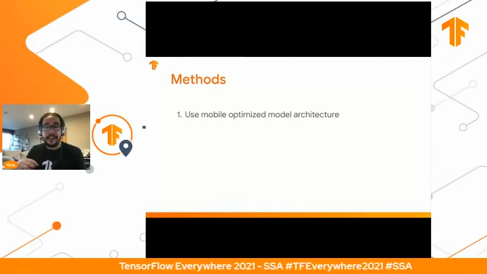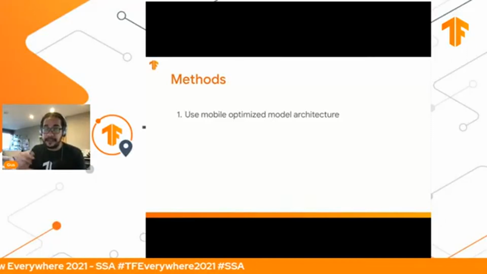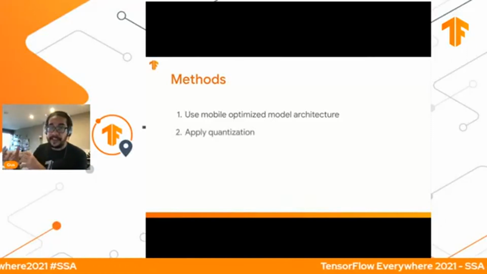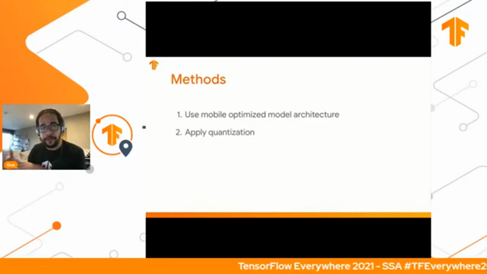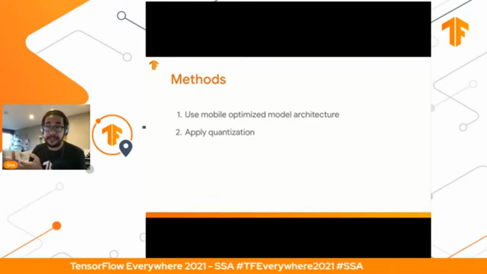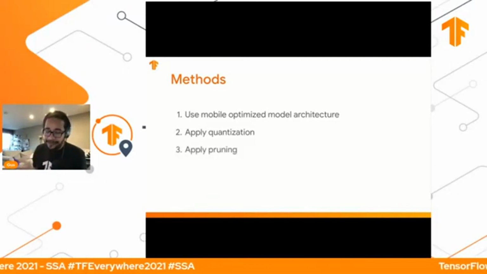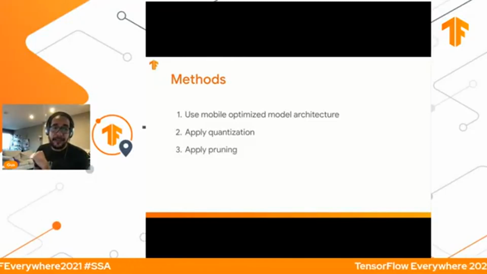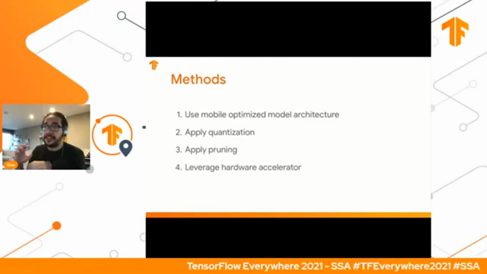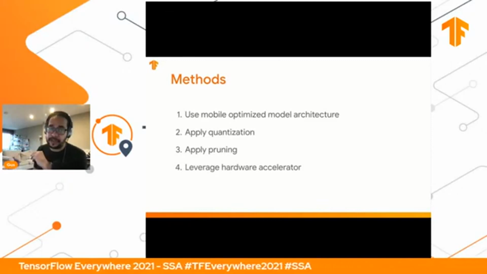Those models already take a lot into account to make them fit inside a phone. The other thing is, after you have your architecture that's compatible with a phone, you can apply quantization to it. I'm going to come back to that. What's quantization? And you can apply also something called pruning. I'm coming back to that also. And the last one is leverage hardware accelerator. And that's using the special hardware on your phone to help you do the inference in real time.